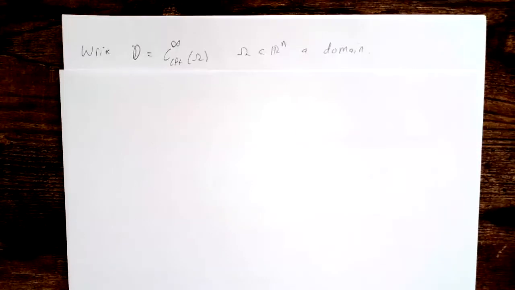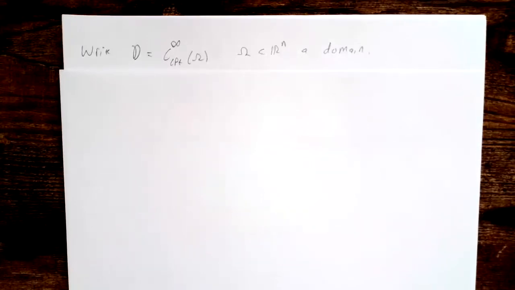So we'll jump right in with a function space, right? The idea being that you fix some domain in Rn, or for our examples, usually just R or R2, sometimes even R3. And a domain is a connected open set. Most often we're looking at bounded domains.